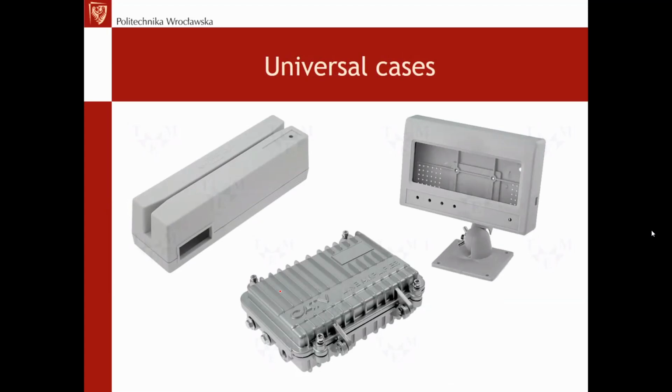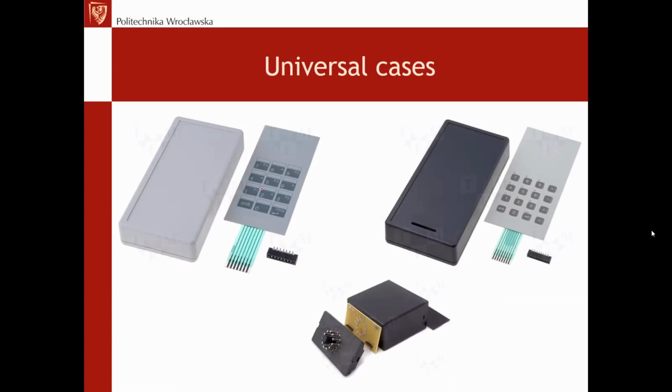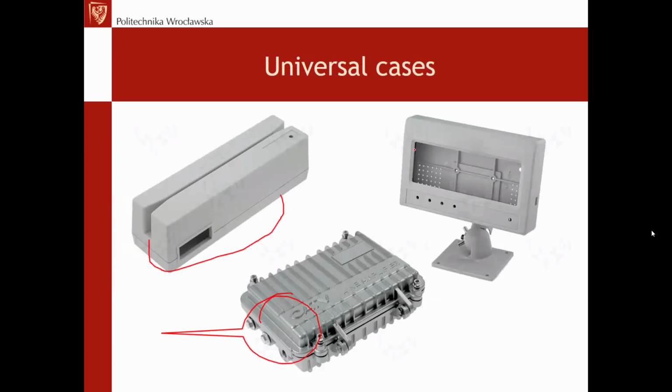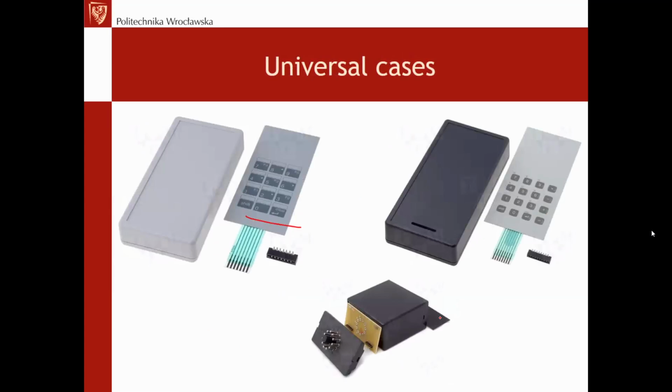There are also some dedicated cases for special applications, from plastic, from cast aluminum. Also, you can find cases with a place for a keyboard. Here is a place for some display with some diodes. Here is a place for a keyboard.